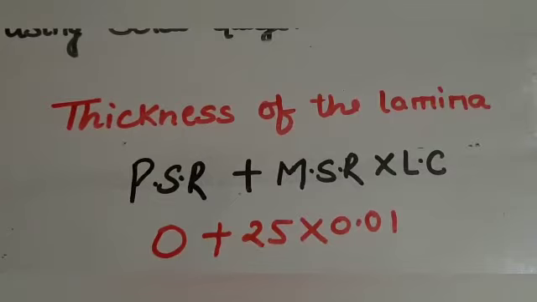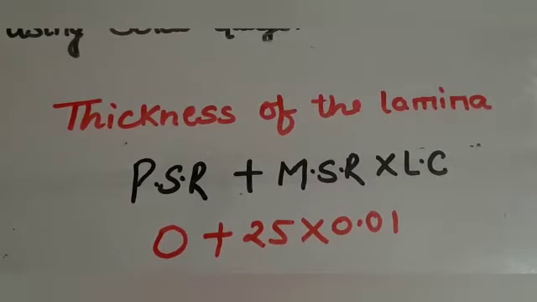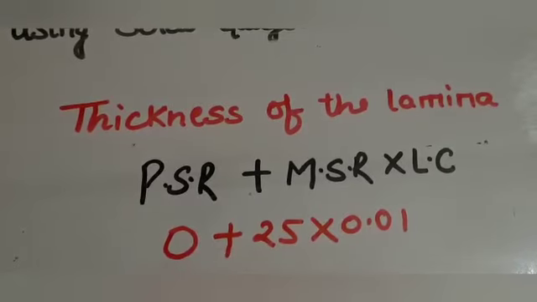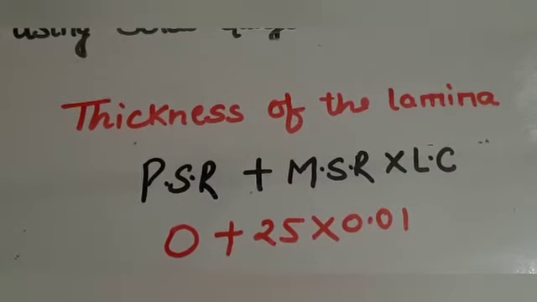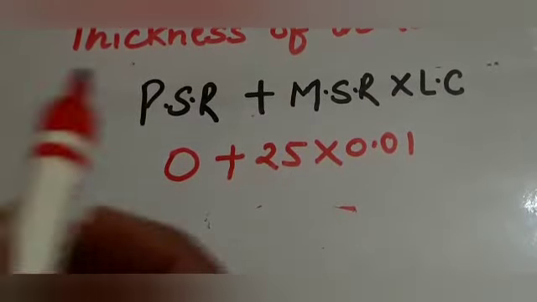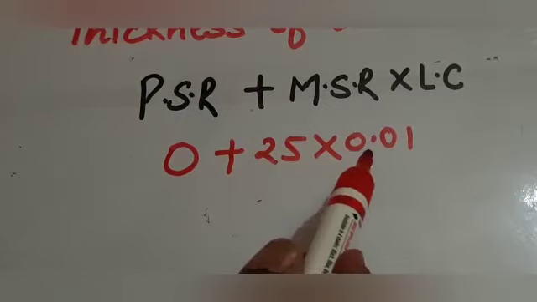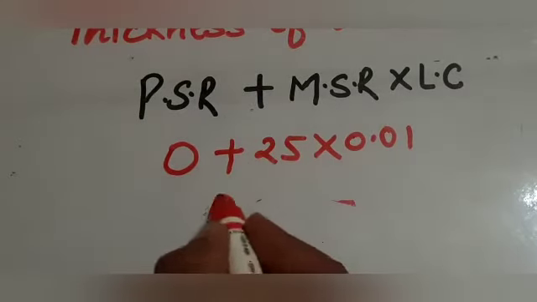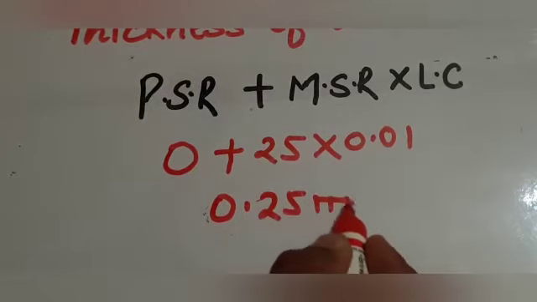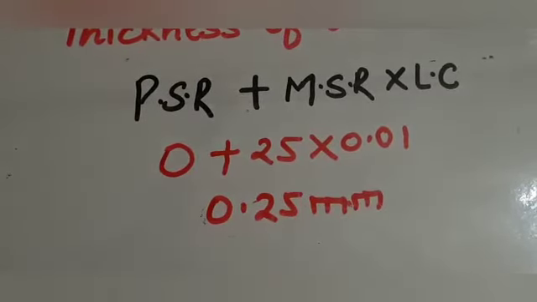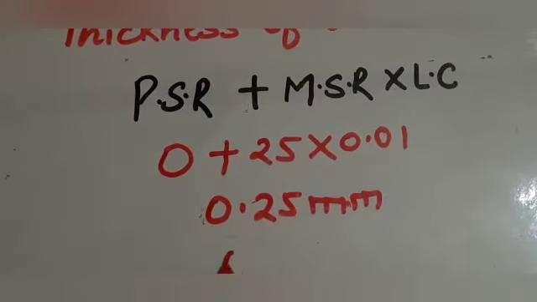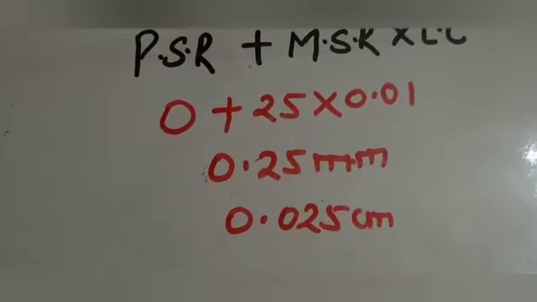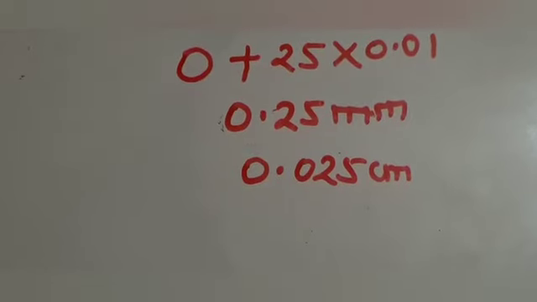Once again, thickness is pitch scale reading plus main scale reading into least count: 0, 25 and 0.01, giving 0.25 millimeter. We can convert it into centimeter, so it will be 0.025 centimeter. So the thickness of the lamina is 0.025 centimeter.